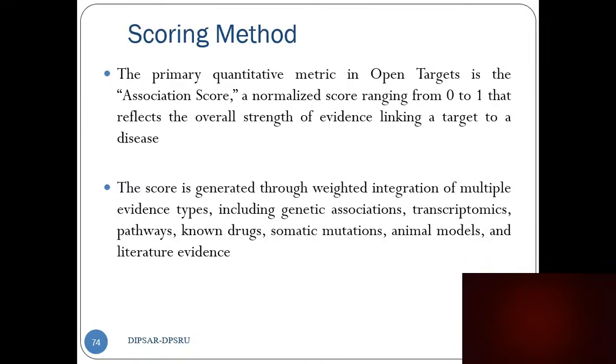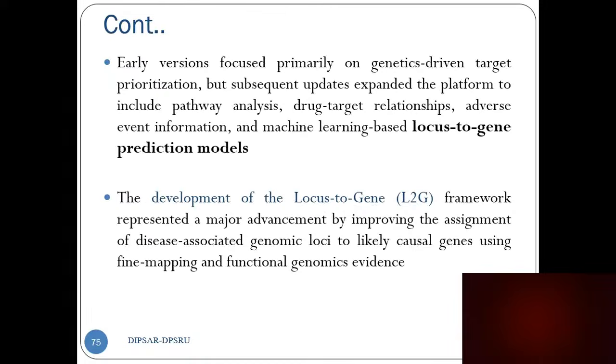If you are getting a higher association score, that means that target is more strongly linked with that particular disease, right? So the score is generated through weighted integration of multiple evidence types like genetic associations. This database contains data from all these sources: transcriptomics, pathways, known drugs, somatic mutations, animal models, literature evidence. So based on that, it creates the score.